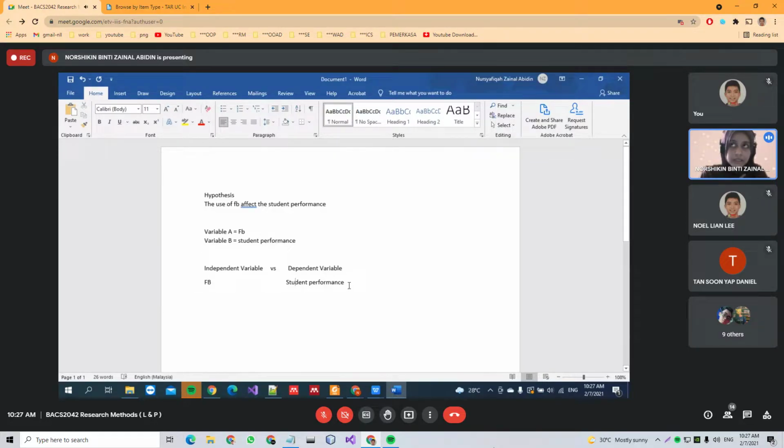For example, we use an easier example. Hypothesis. Photosynthesis. No, I don't remember photosynthesis. But independent variable is something that you change. Independent variable, something that you change.